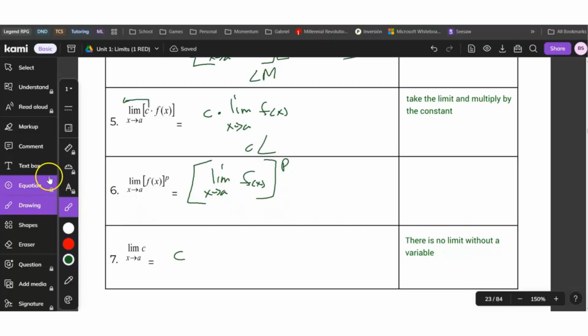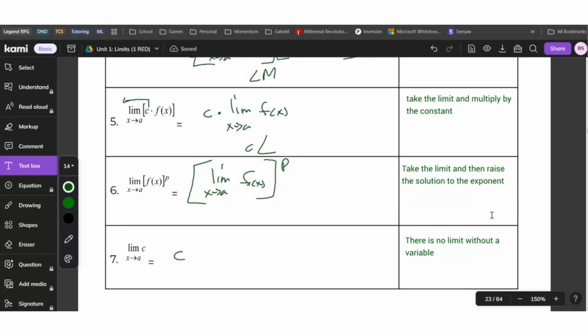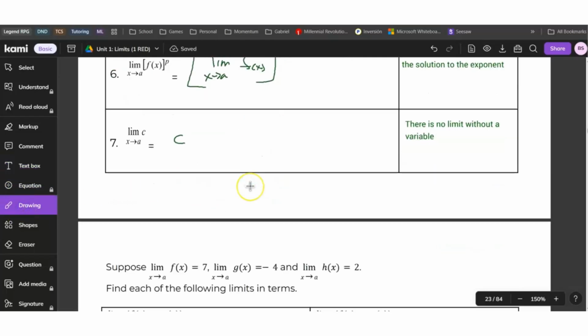So in other words, what this means is take the limit and then raise the solution to the exponent. Whatever that limit is, find it, then square it, cube it, whatever. Okay? Easy enough? Excellent.